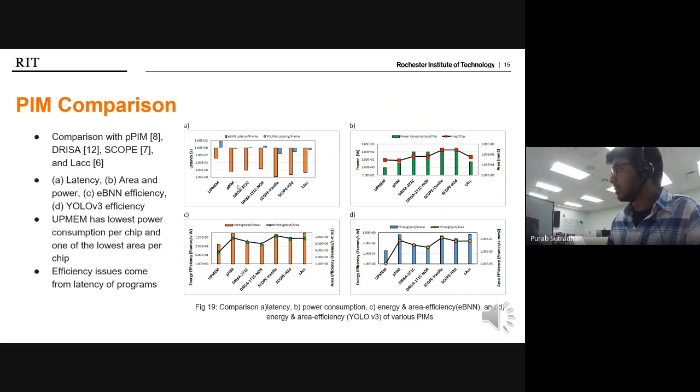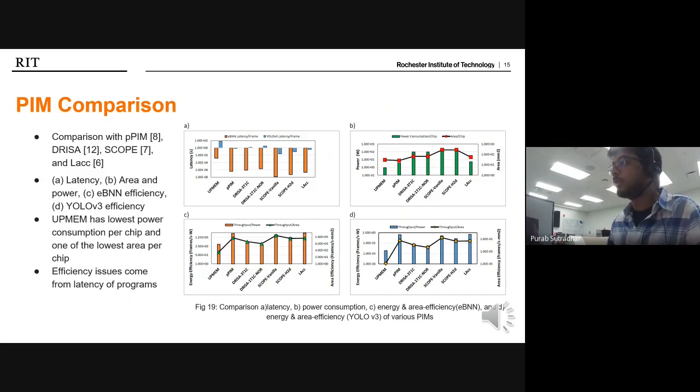The others are mostly academic work; DRISA and Scope have prototypes, and they have significant modifications to support the kind of power draw that this processing requires. So that's an important aspect, the power.